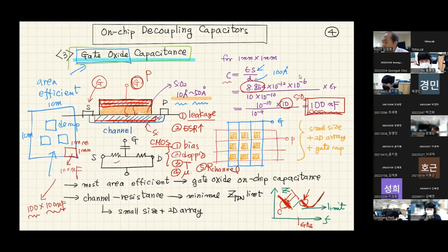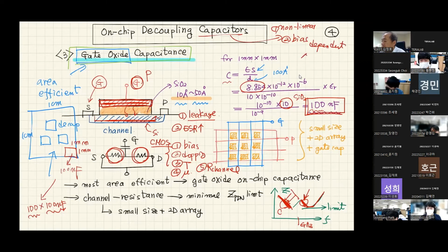Because of that, you have a nonlinear resistance. For example, depending on your bias, this is a CMOS structure, you're going to have different oxide CMOS capacitance. Your capacitance is now becoming a nonlinear device, and it's bias dependent.